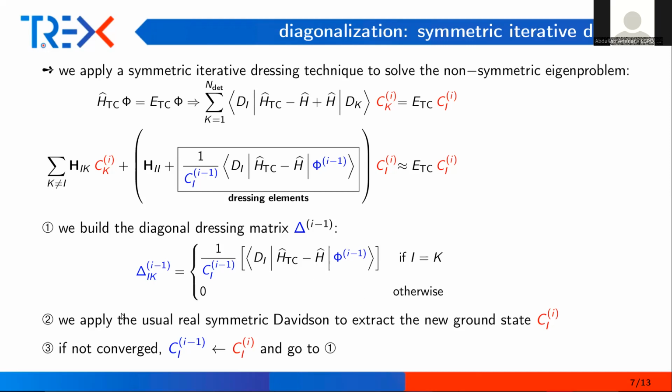So we apply a symmetric dressing and then a symmetric Davidson to extract the new eigenvector, and we iterate over these steps until the convergence of the right eigenvector. So in practice, we get a good convergence in less than 10 iterations. And for the left eigenvectors, we can apply the same scheme also.